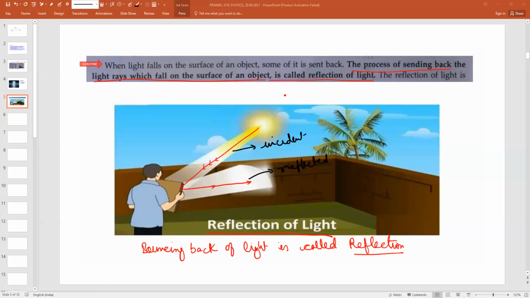I have one question here. If this boy has taken the mirror in his hand, that's why the reflection is happening, correct? If he takes wood, or some other plastic material, is reflection possible?